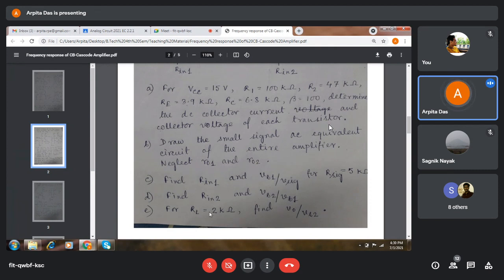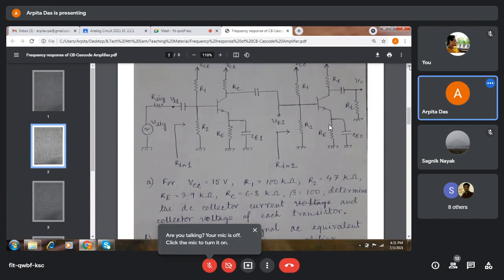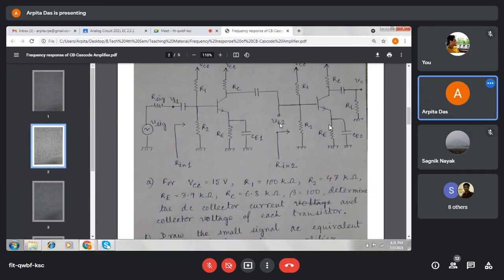In the later stage, you need to calculate this Rin2, the input resistance of the second stage amplifier, and the ratio of VB2 by VB1. What is VB2? It is also stated in the problem. This node is pointed as VB2. So now you have to calculate the ratio of this voltage by this voltage, VB2 by VB1.